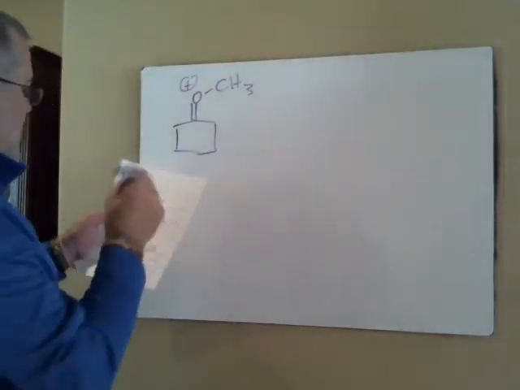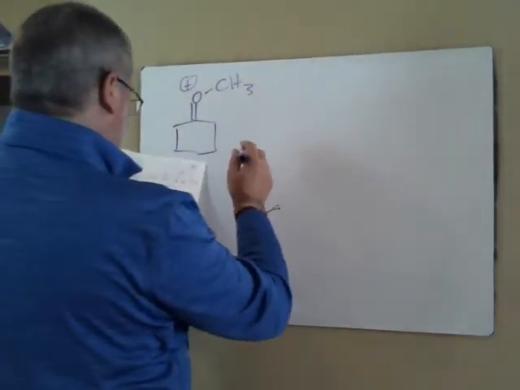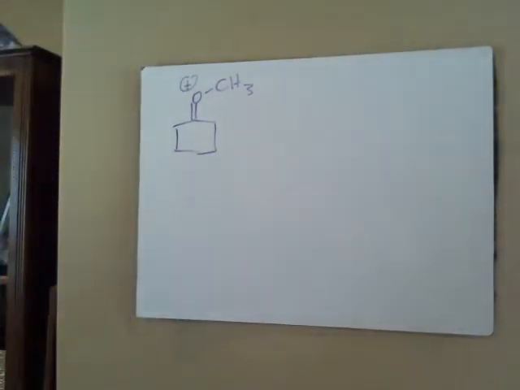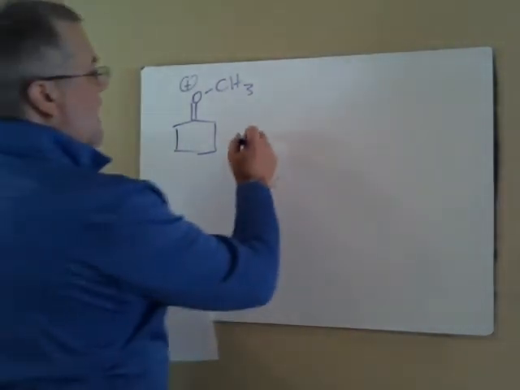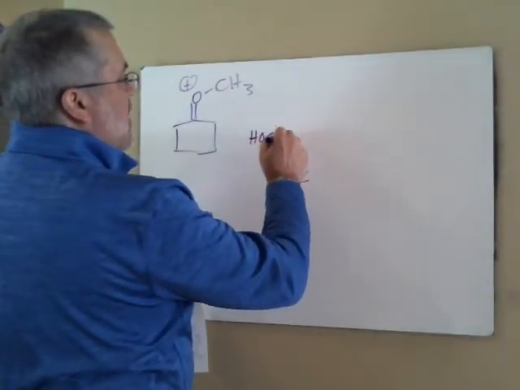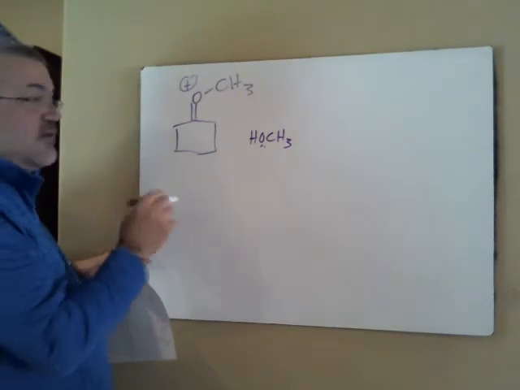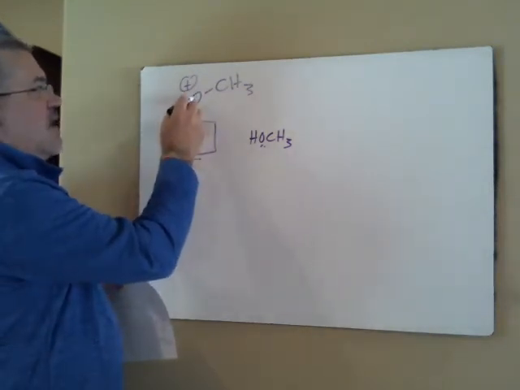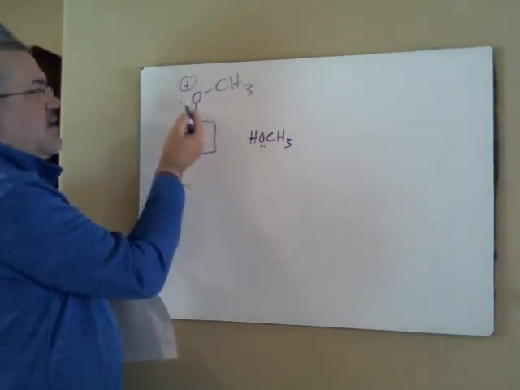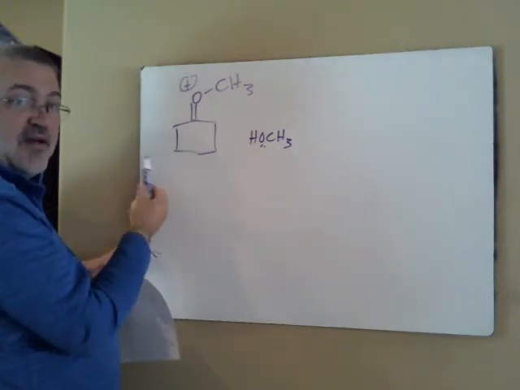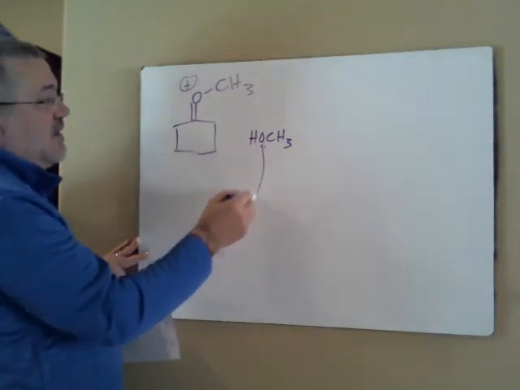Okay? And so what happens here now is I formed this situation where I have a reactive species because now another equivalent of alcohol can act as a nucleophile. Oh, and look, I basically have the same thing that I did with the protonated carbonyl at the beginning of this mechanism.